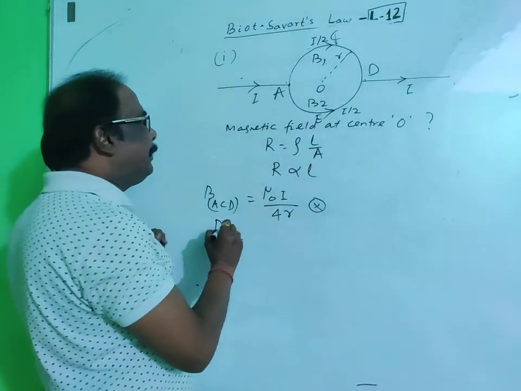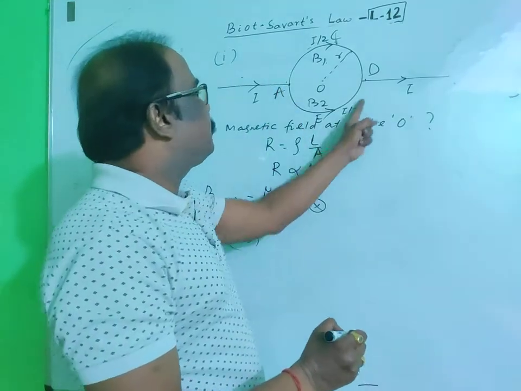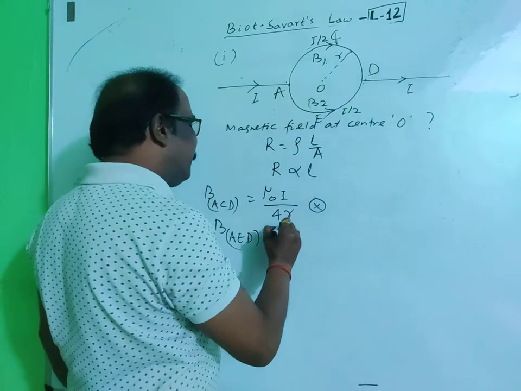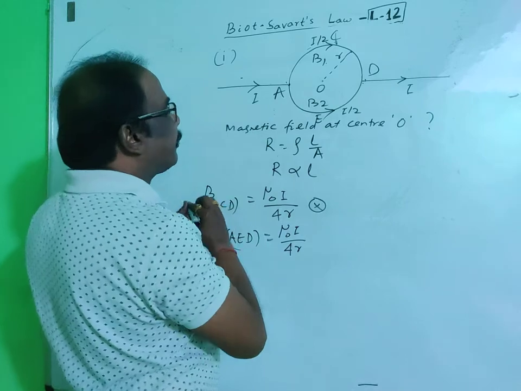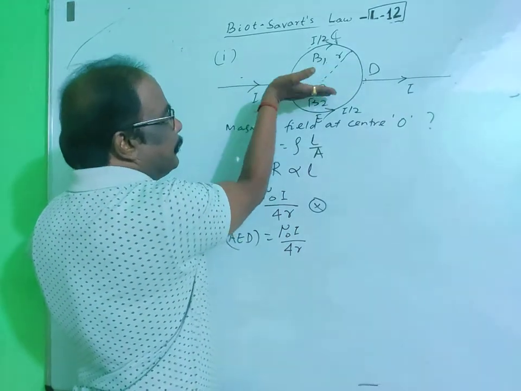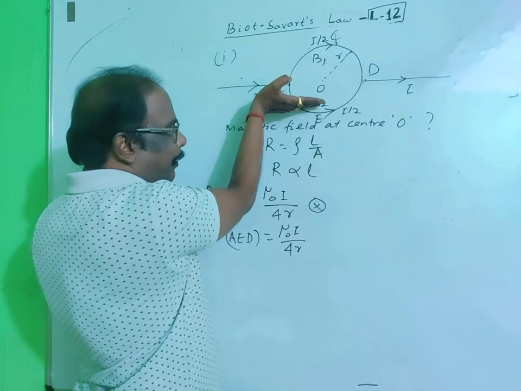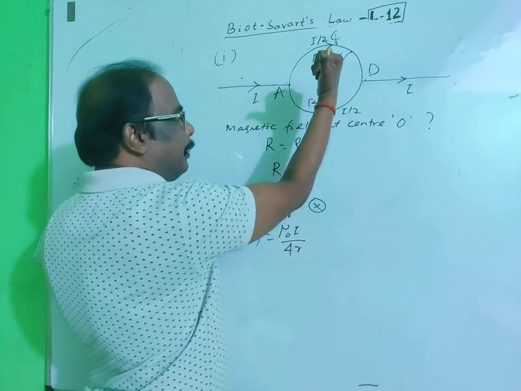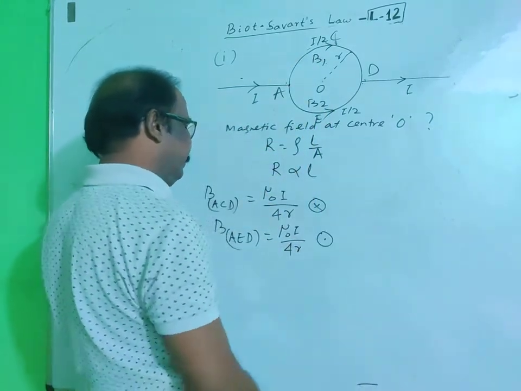Then the magnetic field due to AED, due to this part, again this is a semicircular part. The magnetic field is mu naught I by 4r, and the direction: curl your finger along the direction of current, and the erect thumb represents the direction. The erect thumb is outward, so the direction is outward.